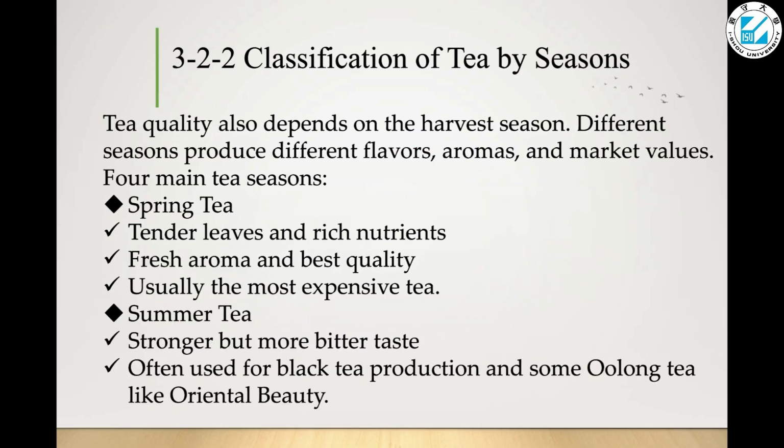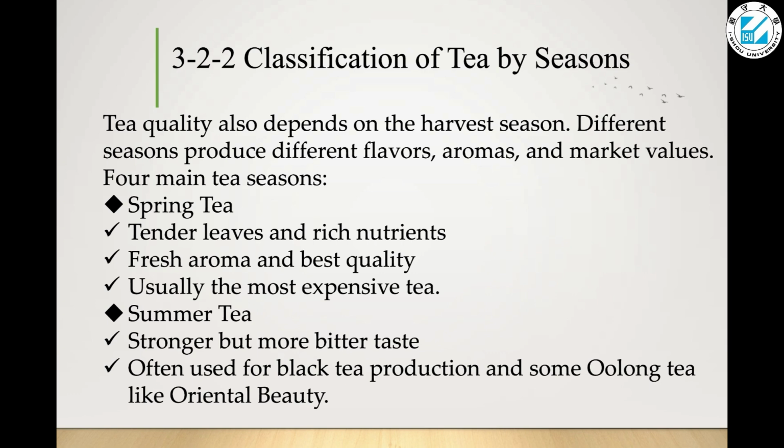Now let's learn more about how to classify tea by season. As we know, there are four seasons: spring, summer, autumn, and winter. If you classify tea by season, it refers to the quality of the harvest season. Different seasons produce different flavor, aroma, and market value.